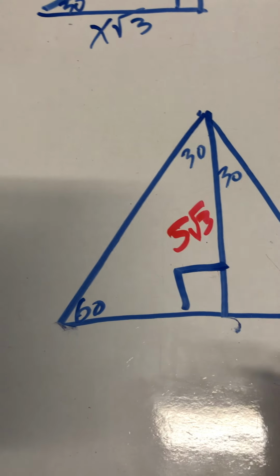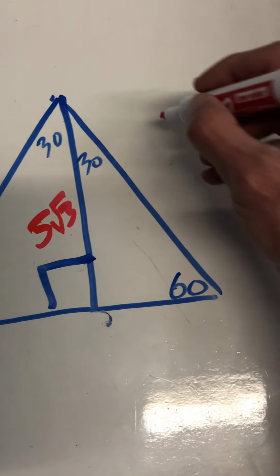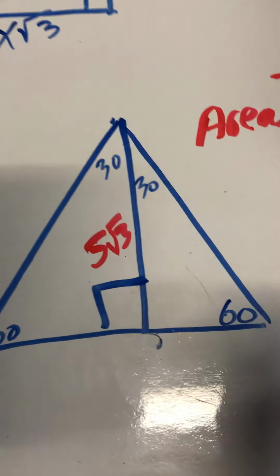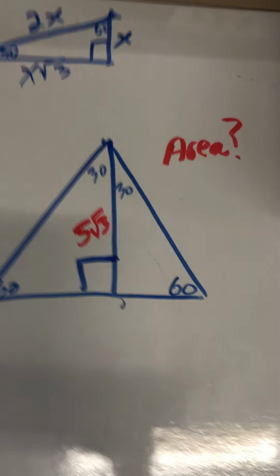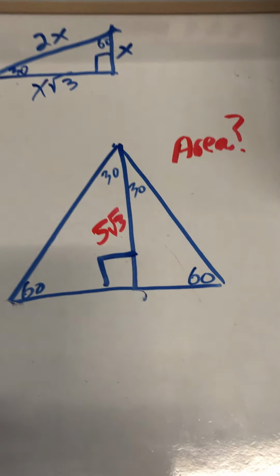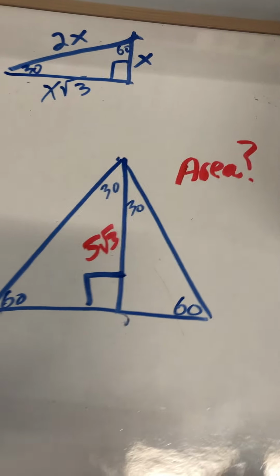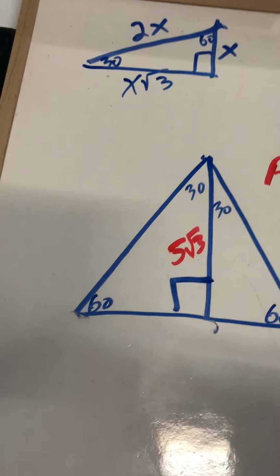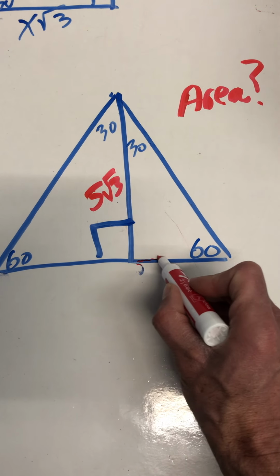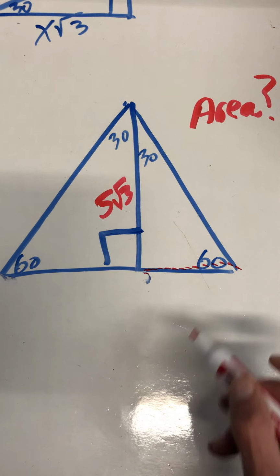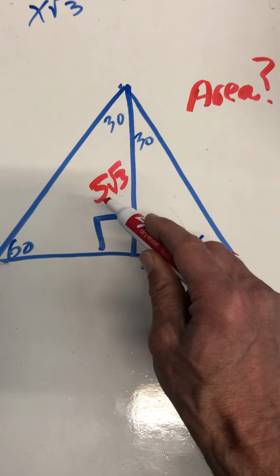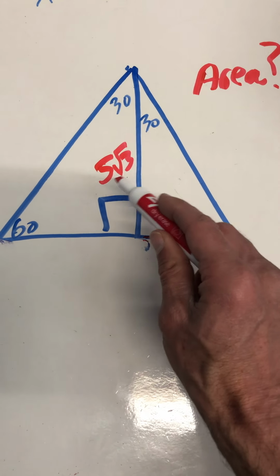Okay, and now it wants us to find, first off, the area. Well, with an equilateral triangle, you know that it splits it up into two 30, 60, 90-degree triangles. So first off, we have to find this shorter leg right here. Remember, the side across from the 30 is just this side without the root 3, because this is x root 3.